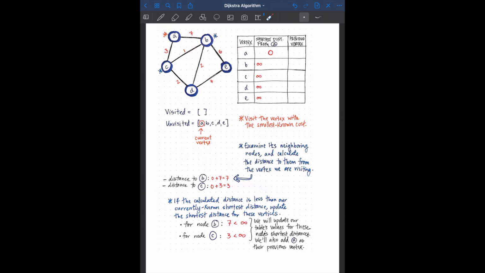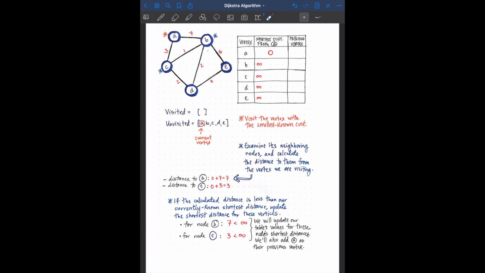Examine its neighboring nodes and calculate the distance to them from the vertex we are visiting. So from node A, we will see the unvisited vertices. From A, we have C, which is unvisited. We have B, which is also unvisited. So we can compute the distance from A to C and A to B. A to B distance will be 7 and the distance to C will be 0 plus 3, that is 3.